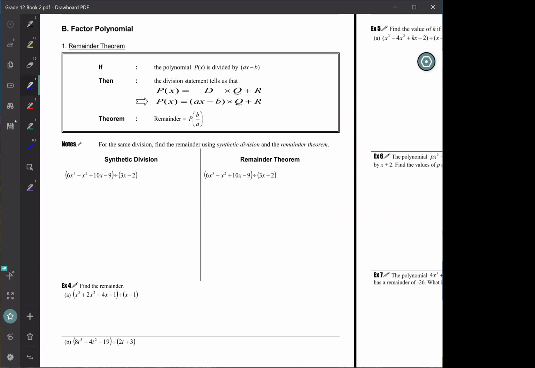Remainder theorem means we can use it to find remainder without dividing.